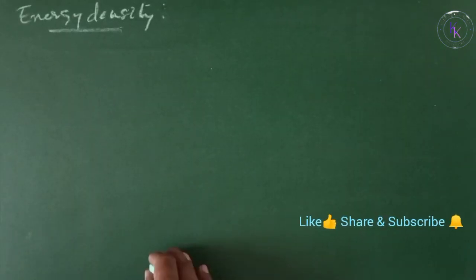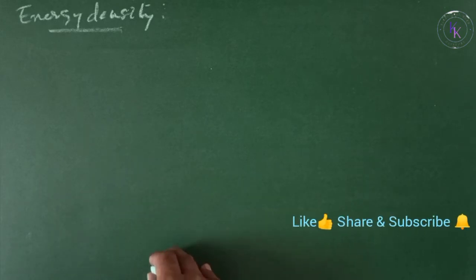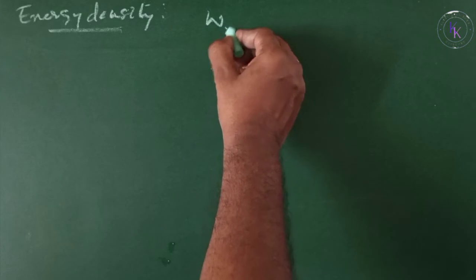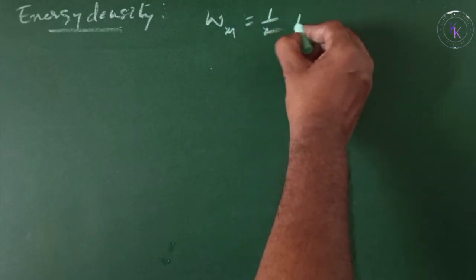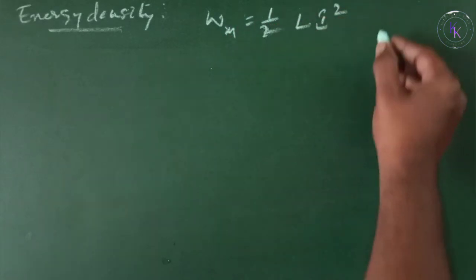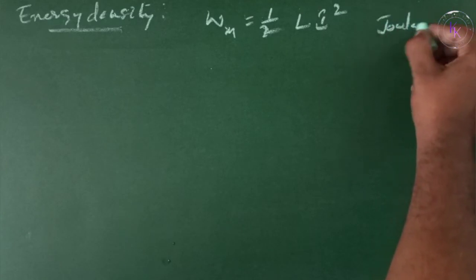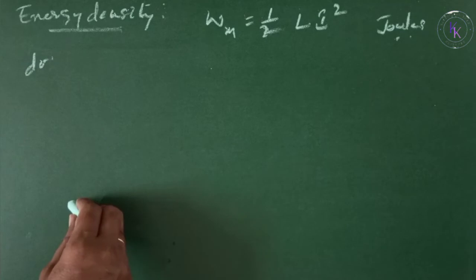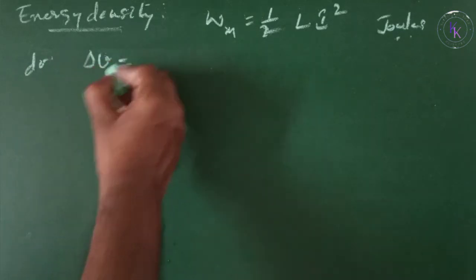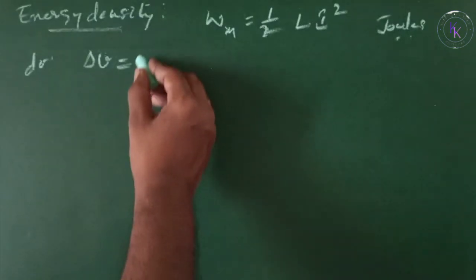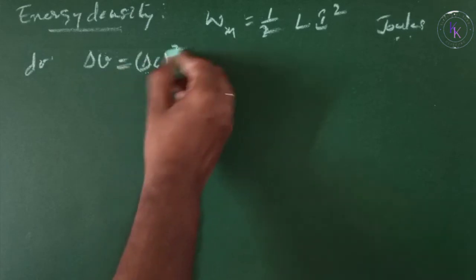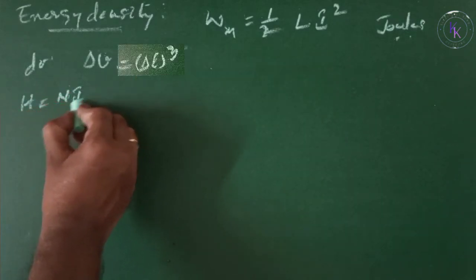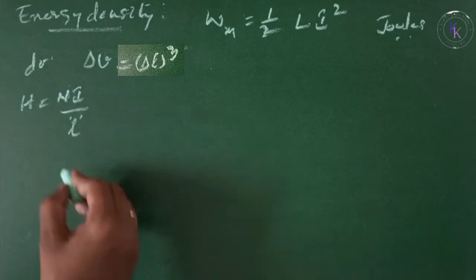Energy density. We assume the energy is evenly distributed throughout the magnetic field. We found that the energy in a magnetic field is given by half L i square in joules. Consider an elementary volume delta V inside the magnetic field, a small cube. The elementary volume delta V equals delta l whole cube. We have H equals N i divided by l, where l is the length.